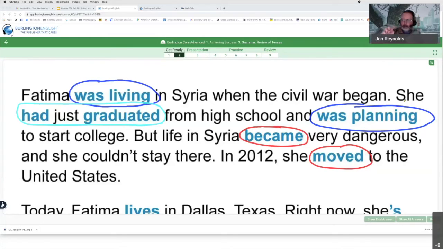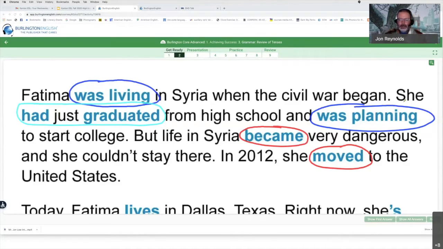So when something begins, other things, of course, are happening at the same time. But, for example, we might know when the Civil War began, right? We probably can go to Wikipedia or a history book and find out when it began. Now, but in the sentence, Tasi, do we know exactly when Fatima started living in Syria and when she left Syria?